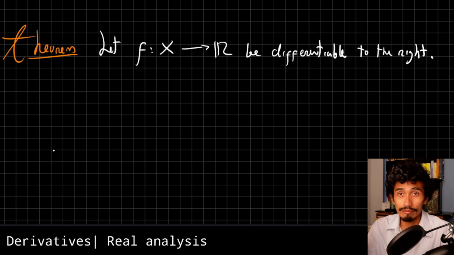But if that point is just an accumulation point to the right, then it only makes sense to talk about differentiable to the right, or of the right derivative of that function at that point. So we will be very explicit on that here.